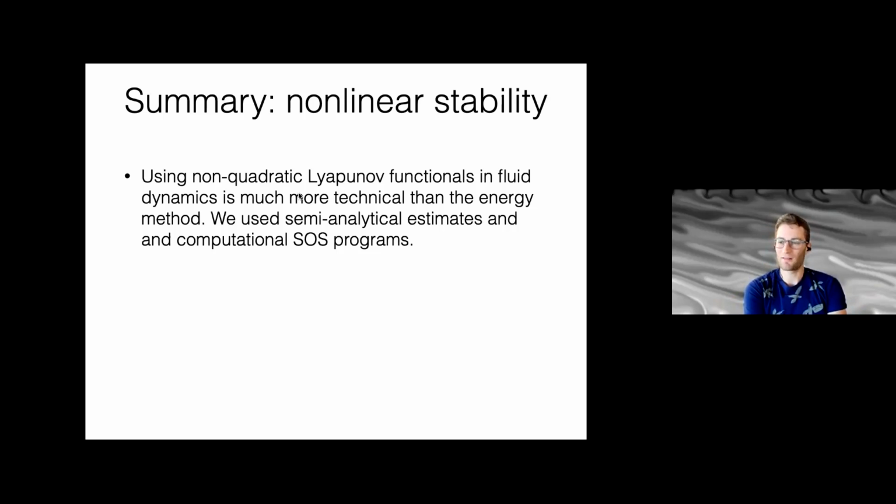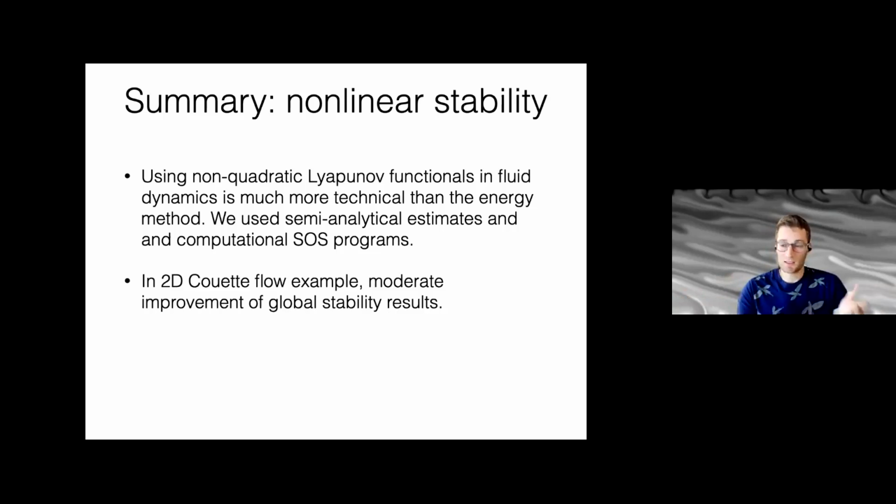Right? However, one of our ongoing goals is to do a different type of generalization that allows us to proceed analytically. In this example that I showed you, 2D Couette flow, it gives us moderate improvement of existing global stability results.